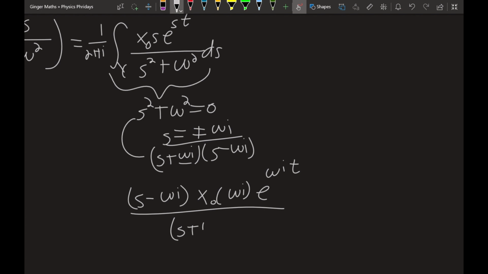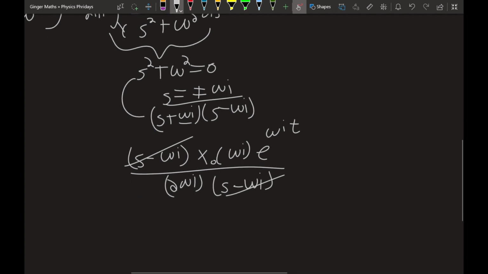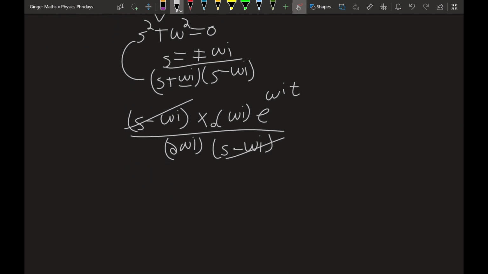So s plus omega i, which is just going to be 2 omega i. So 2 omega i times, well, technically 0, but I'm going to write it like this. So this way, these cancel right here, and we are left with an actual residue and not just a 404 error. And so yes, this is going to be our first residue right here.